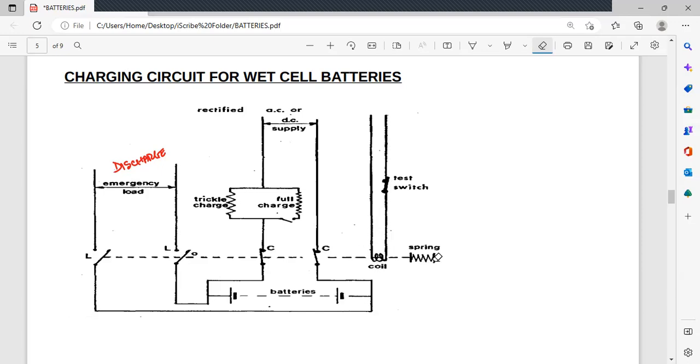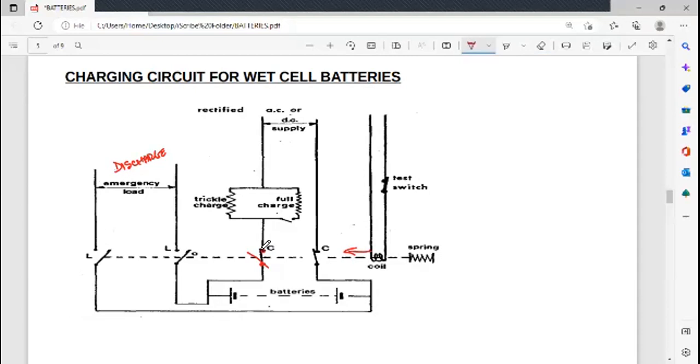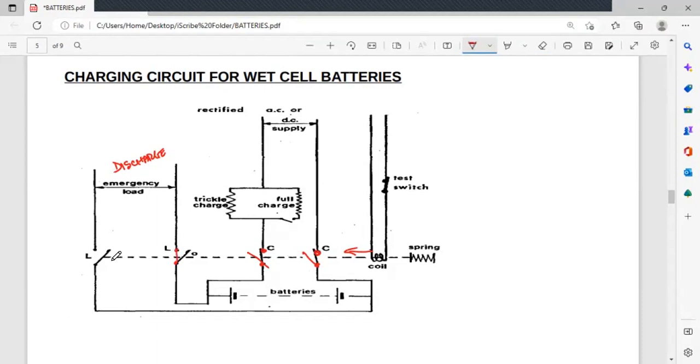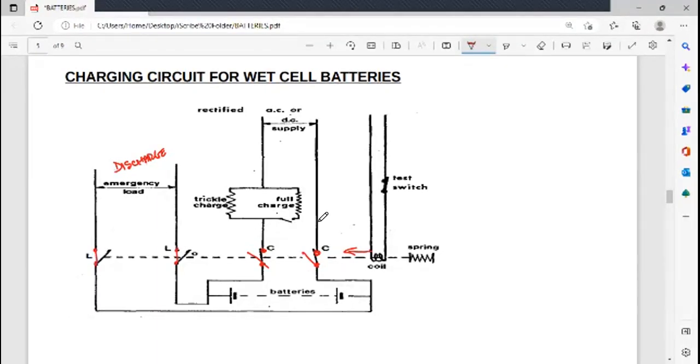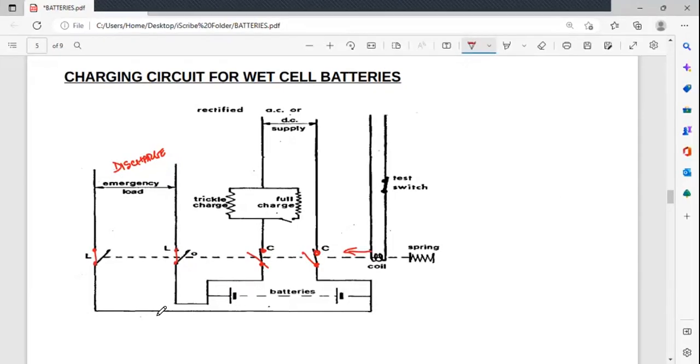When its core gets demagnetized, the spring pushes it in this direction, which means this contact opens out, disconnecting it from your charging circuit, and then this contact now becomes closed. With this being open, your batteries are now automatically connected to your load and will start discharging. So this is your discharge process.